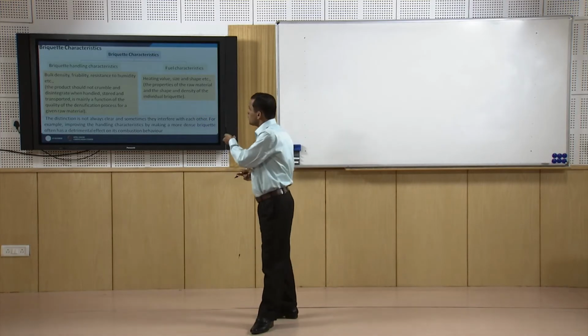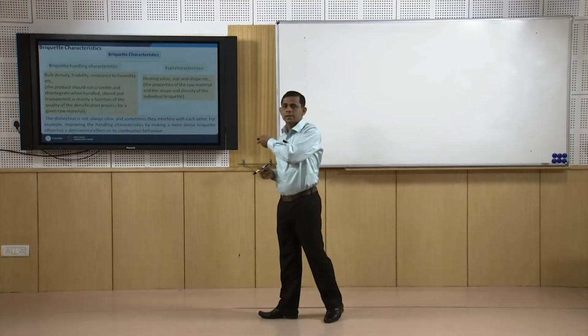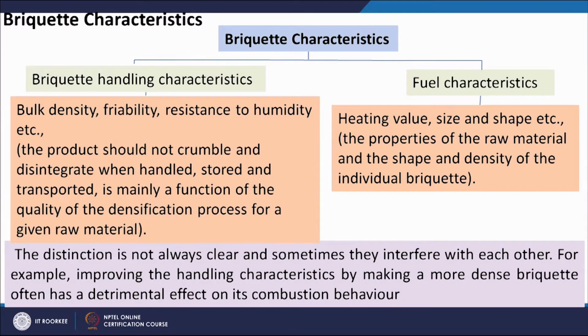One is related to handling characteristics, namely bulk density, friability and resistance to humidity, and the other is related to fuel characteristics, namely heating value and particle size and shape.